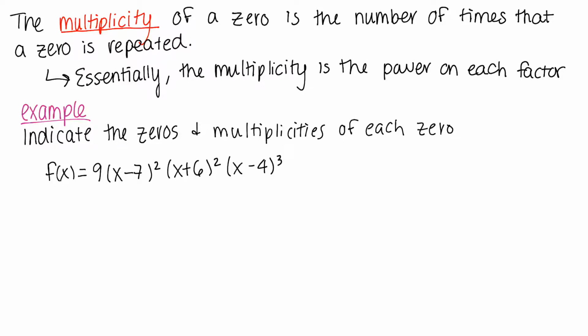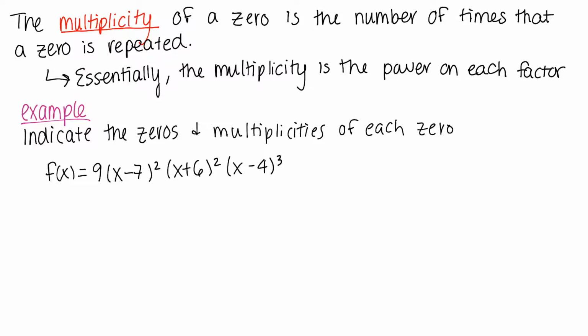All you're going to do to find the zeros is, it's the same as finding your x-intercepts. You take each factor and you set it equal to 0. And then the multiplicity is just the exponent.